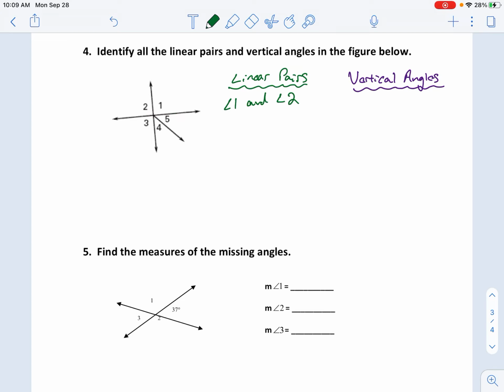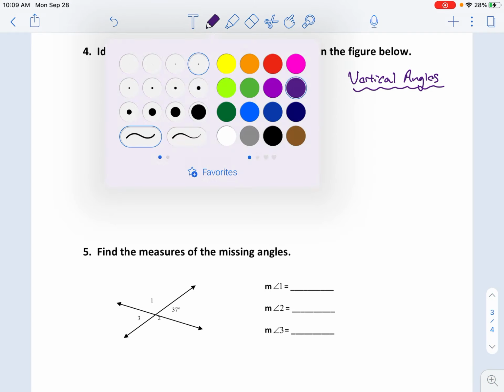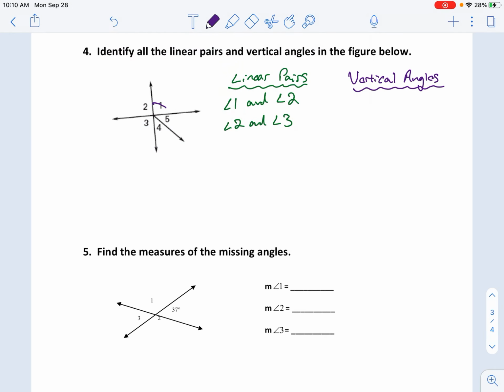Another one, because I see actually two: this right here is a straight line, and angle 2 and angle 3 together make that straight line. So two pairs. And then vertical angles are angles that are directly across from each other. That would be angle 1 and angle 3. They would be congruent to each other.